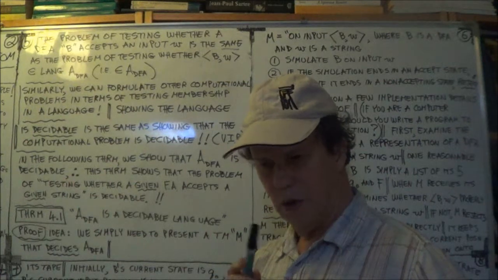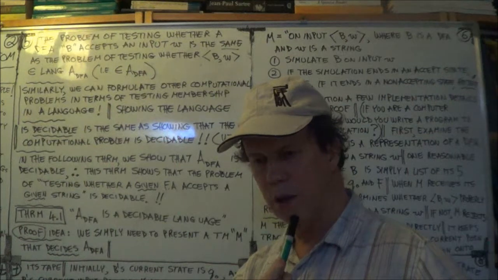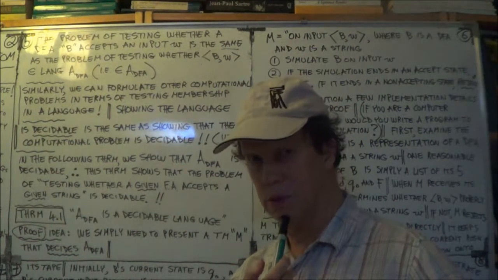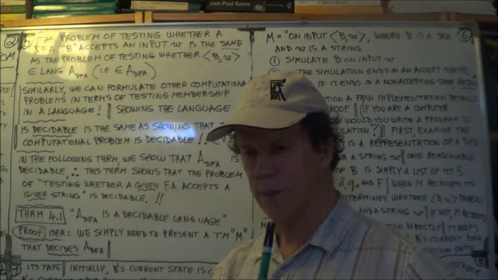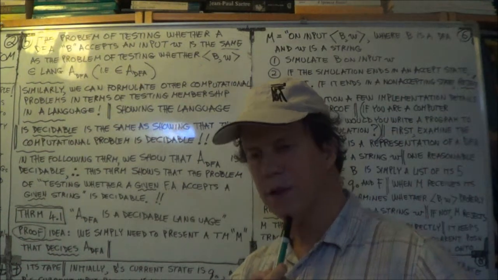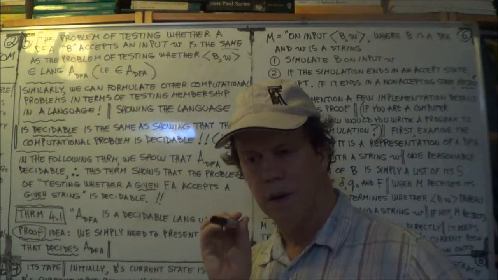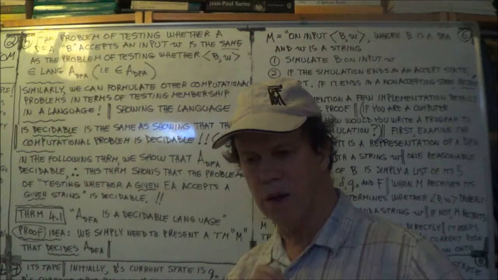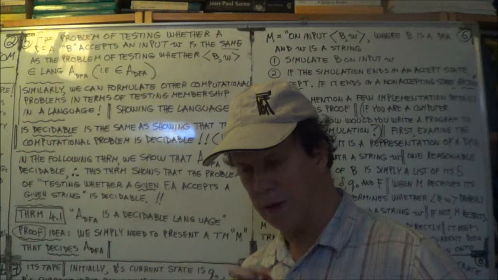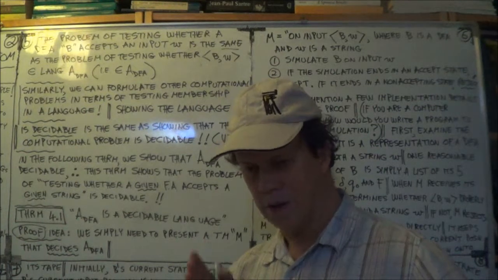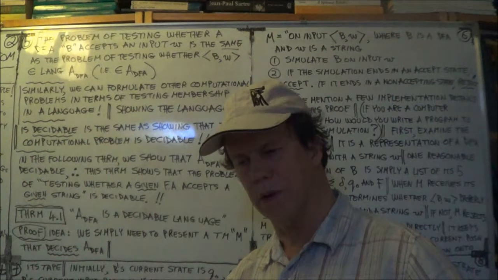But let me qualify that somewhat. We need to show that this language is decidable. What does that mean again? Just quick revision. A decidable language, what is that? That means there's some algorithm, some Turing machine that accepts every string in the language and rejects any other string. So it makes a decision to accept or to reject every string that it comes across.